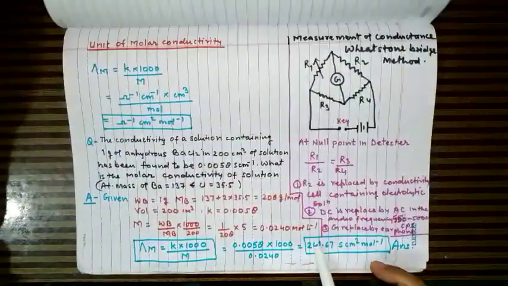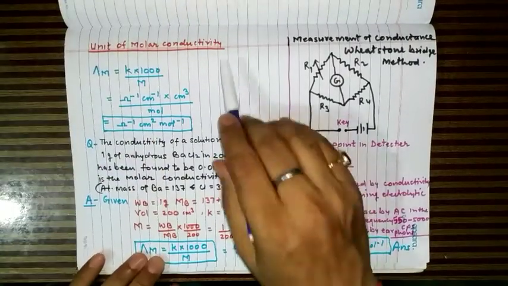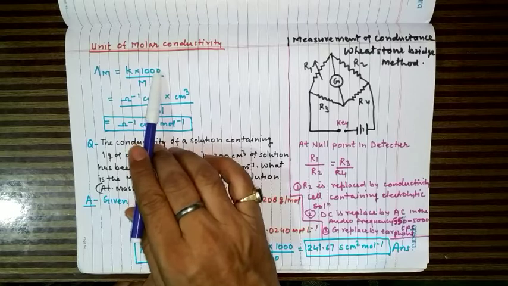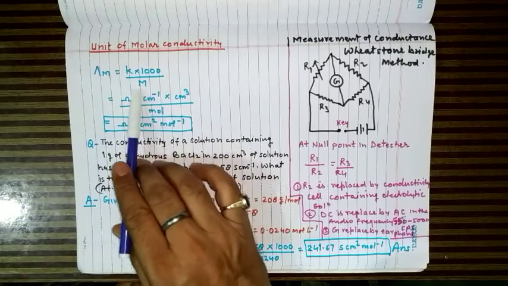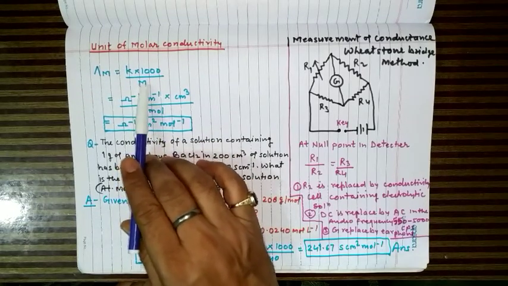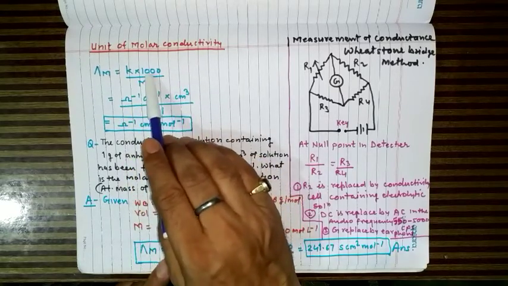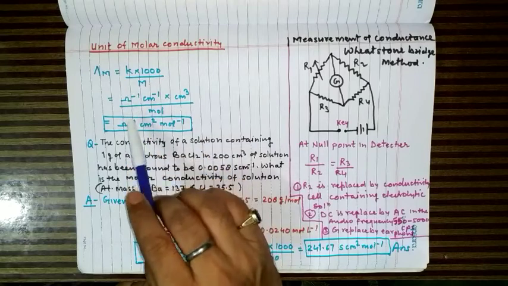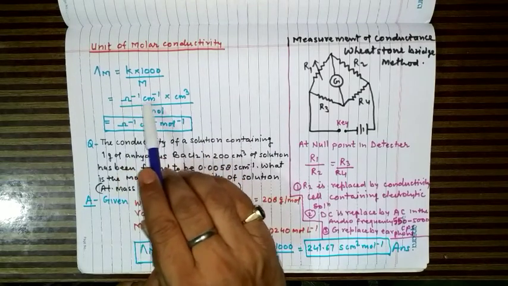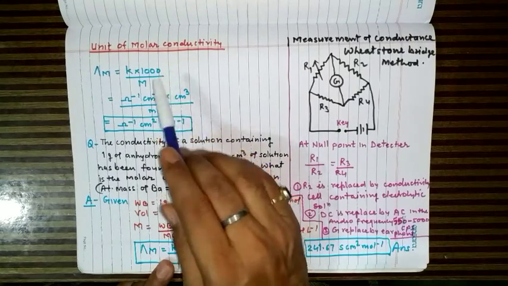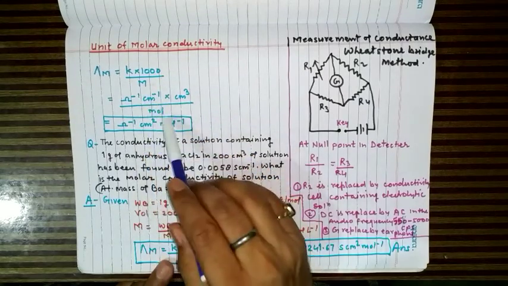Now the unit of molar conductivity. As we know, lambda m equal to kappa into 1000 upon molarity. Molarity means mole of solute upon volume of solution in liter, that is 1000 centimeter cube. So kappa unit is ohm inverse centimeter inverse, and 1000 is in terms of centimeter cube, that is 1000 ml of solution upon mole.